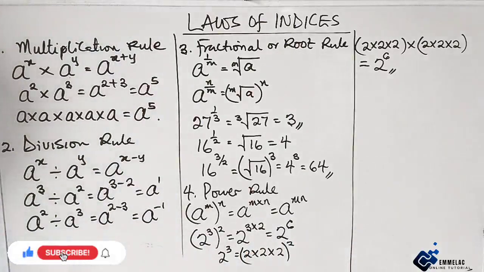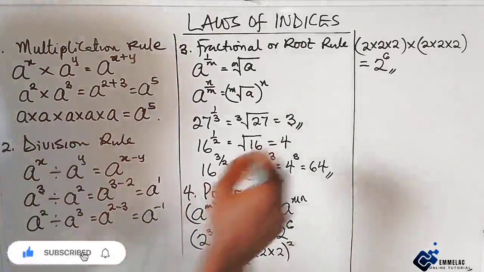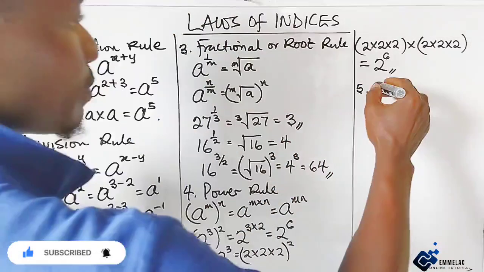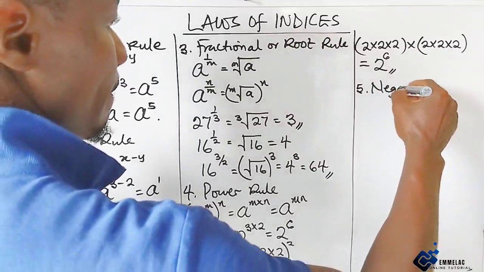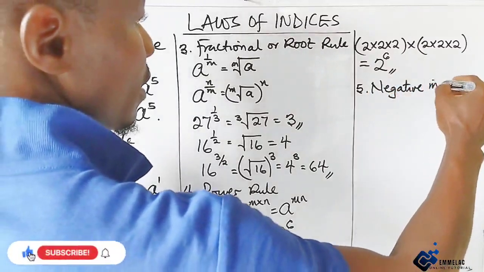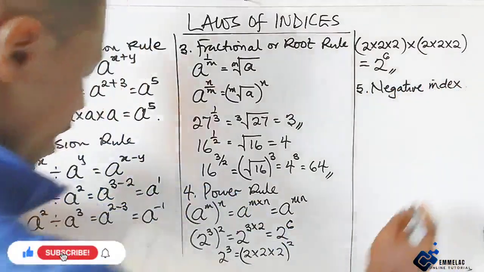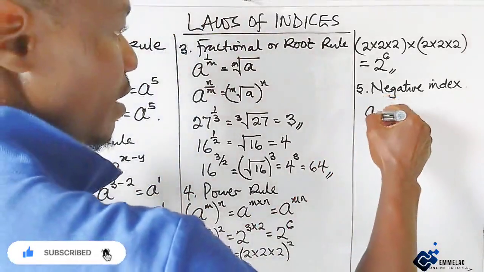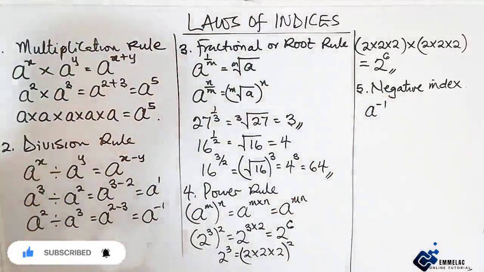Alright, the next one we'll be talking about, number 5, is the negative index. This is where this comes into play. For example, you have a raised to the power of minus 1.